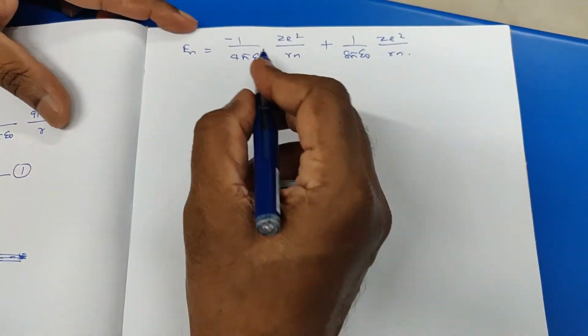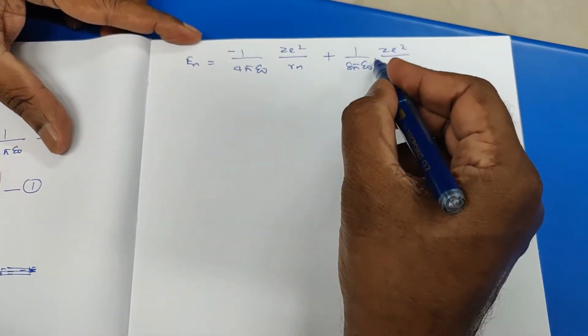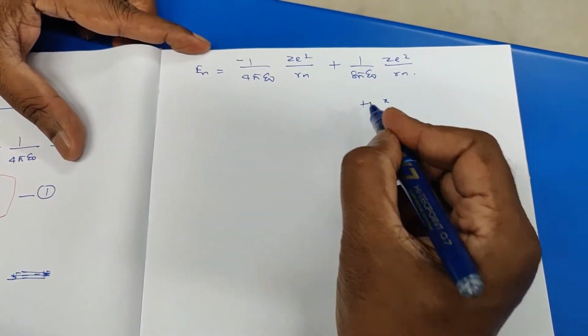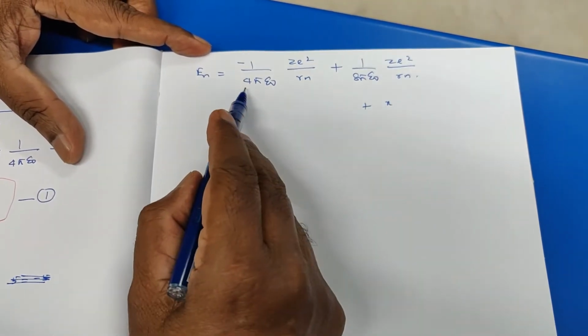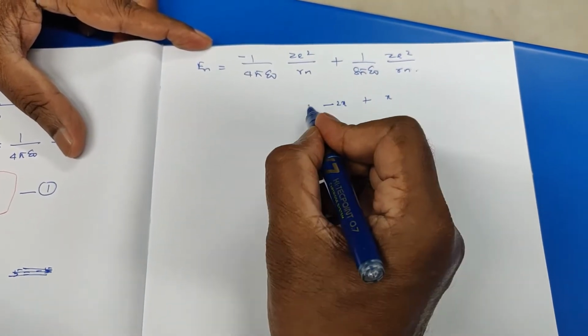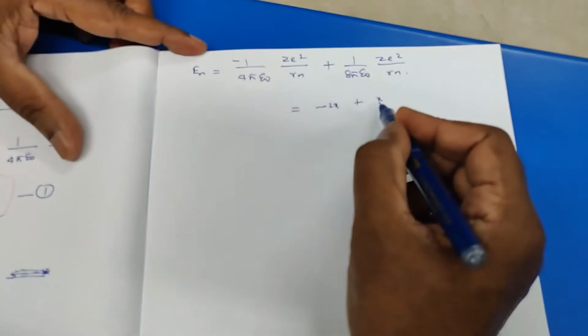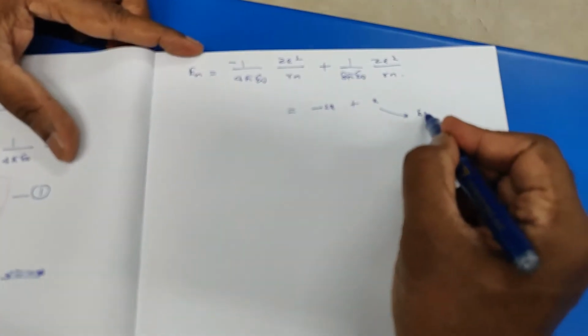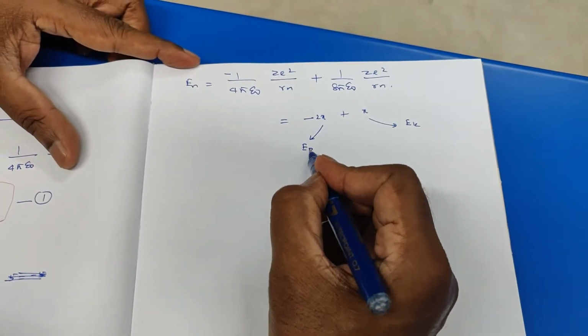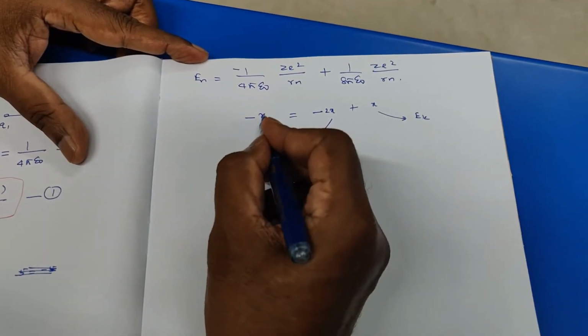If this is taken as x, multiply by 2 you get this, and put a minus sign, you get this. Therefore, if kinetic energy is x, then the potential energy is minus 2x, and the total will be equal to minus x.